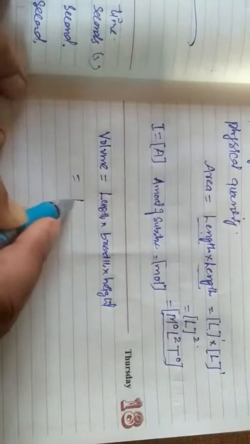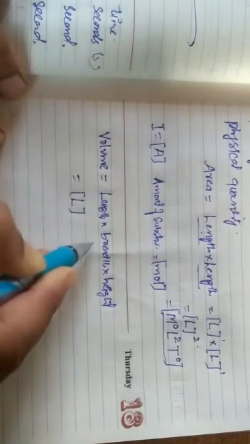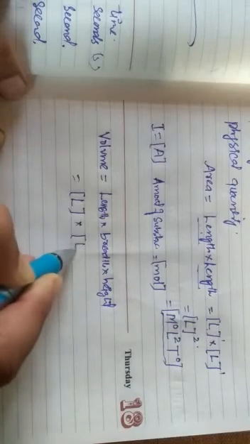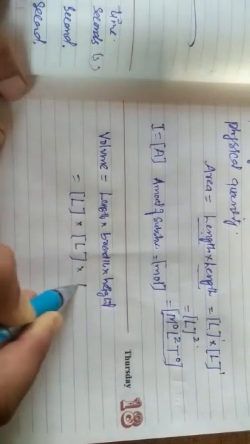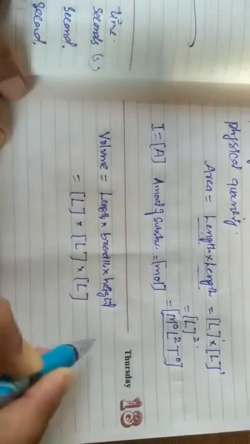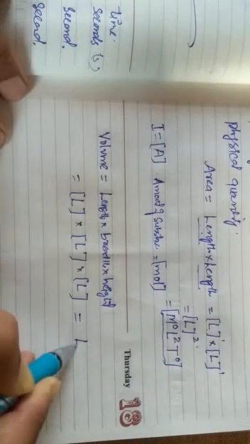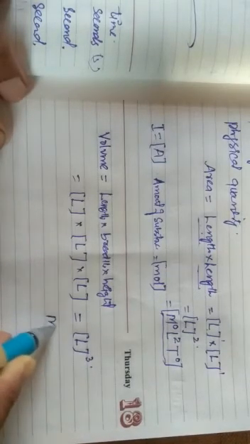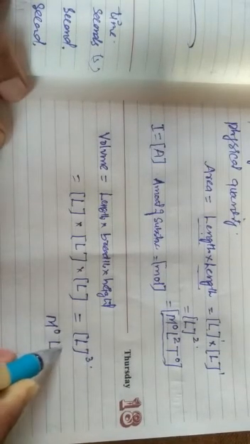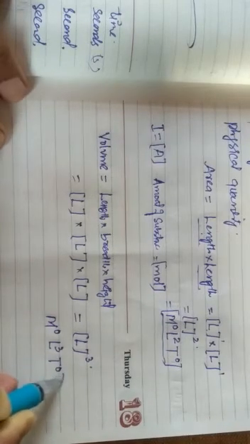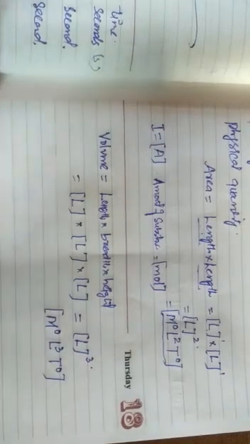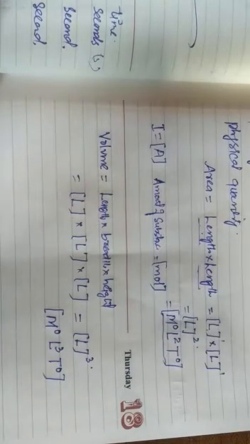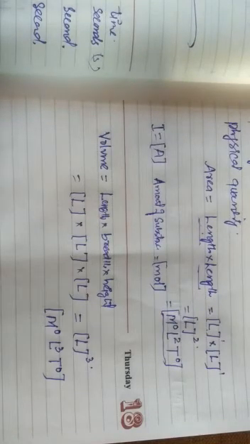So for length I place a dimension L, for breadth again L, and for height again L. So the volume has L to the power 3, or you can say it has 0 dimension in mass, 3 dimensions in length, and 0 dimension in time. Then place the brackets like this. Is it okay?